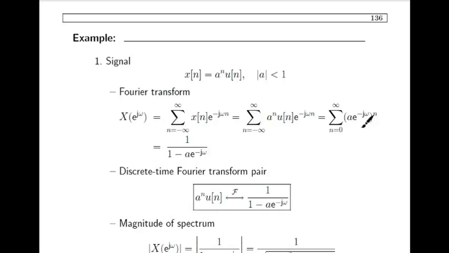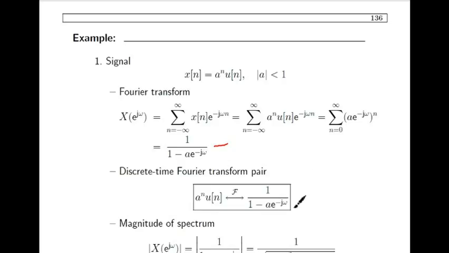So here it will be a e to the power minus j omega to the whole power n, which I can reduce to this expression with the help of the infinite summation of a geometric progression, which is 1 upon 1 minus a e to the power minus j omega.